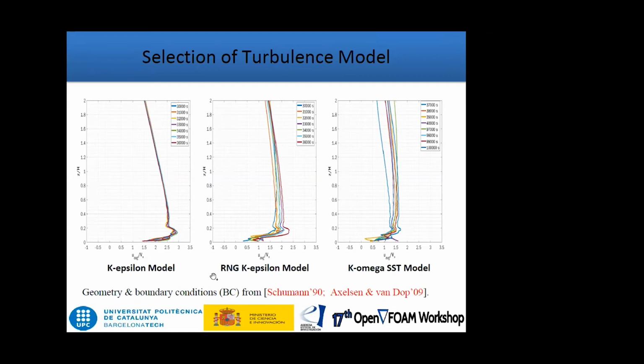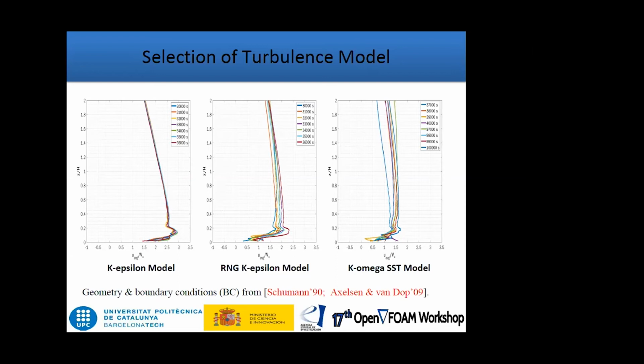Here you can see that out of the three, the K epsilon model is able to reach a steady state, and you can see the deviations in the RNG and K omega with respect to time. From these, the K omega SST model can't be used.